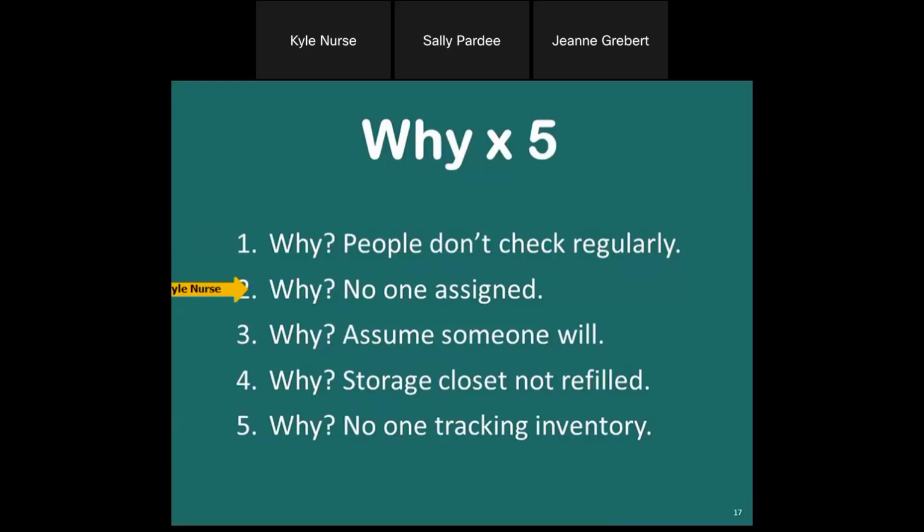Because people assume someone else will go get it. The last person to take the last ream of paper did not refill the storage closet. Why? Because no one is tracking inventory. You can continue asking why 5 times for each possible cause of the problem, but I think you get the idea.